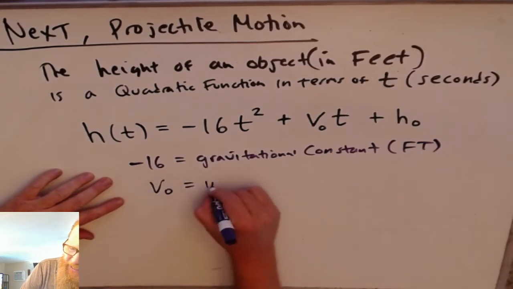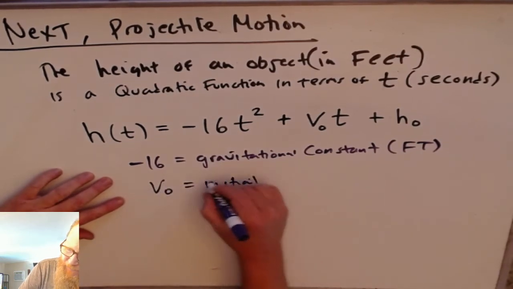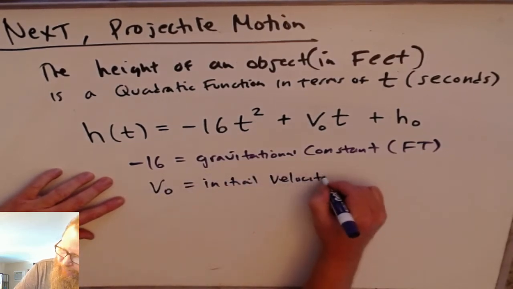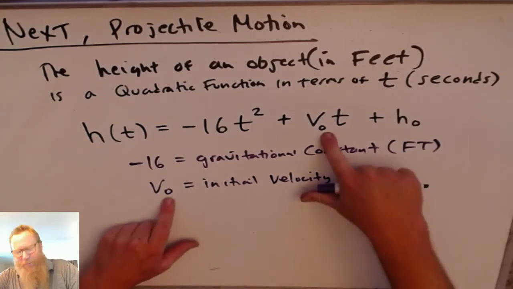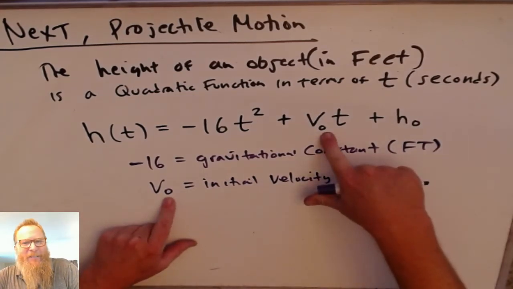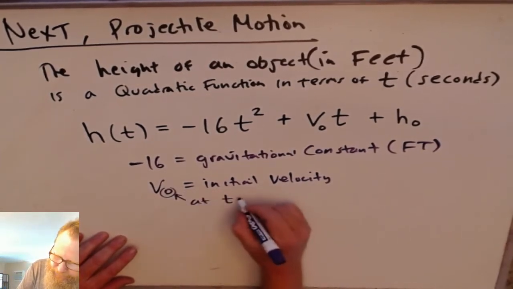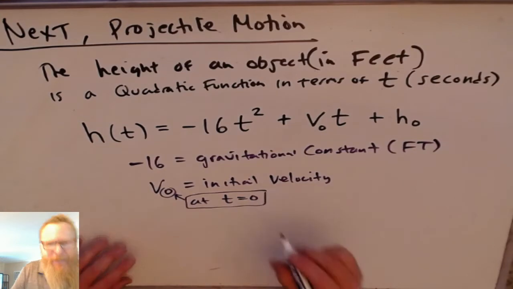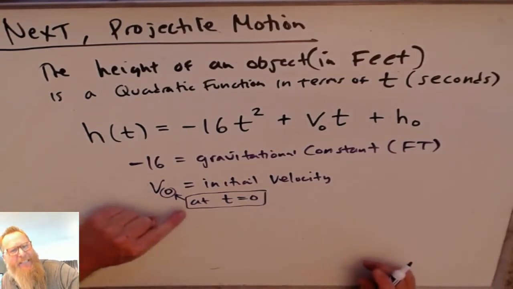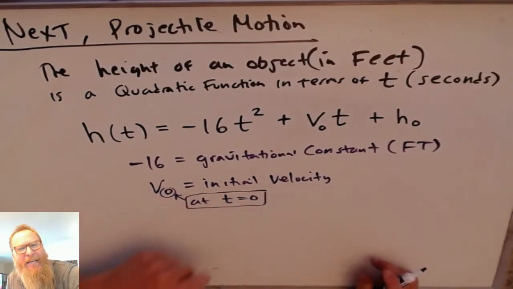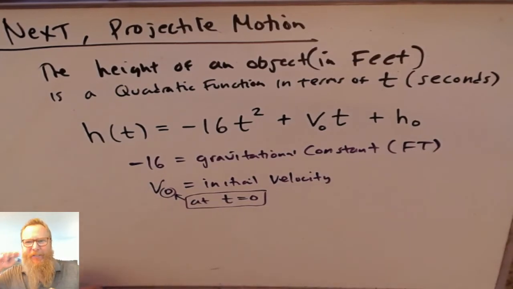v0 is called the initial velocity. You don't really need to worry too much about the 0. The 0 means at time 0. So instead of saying v of t 0, we just say v0, indicating that the time is equal to 0.